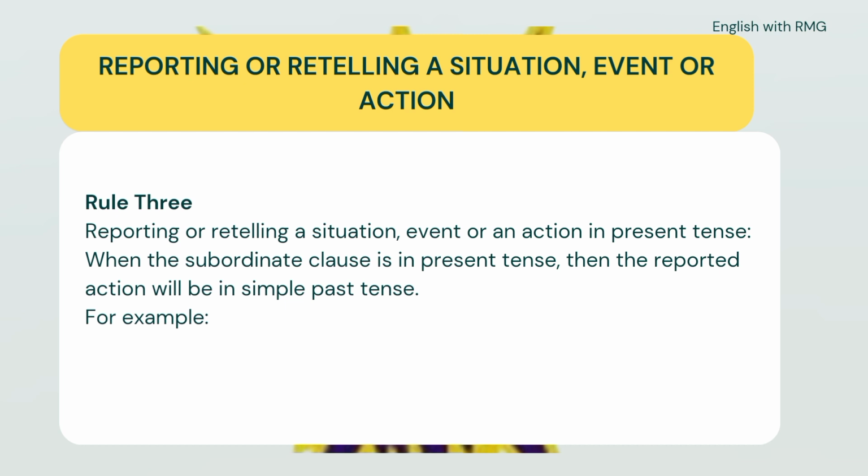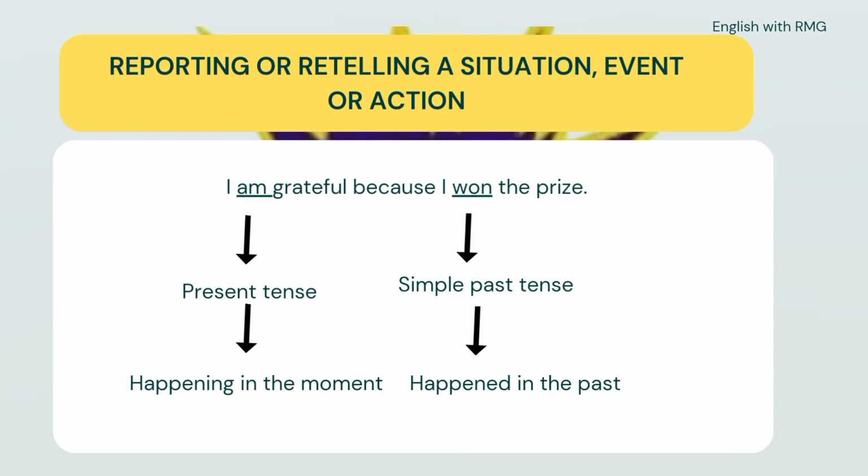So let's move on to rule 3: reporting or retelling a situation, event, or action in the present tense. The one that we said earlier, that one was both in the past. So now what if I am reporting it in the moment that I am just telling you about it? So here we have, I am grateful because I won the prize. I'm grateful in this moment because of what happened in the past.